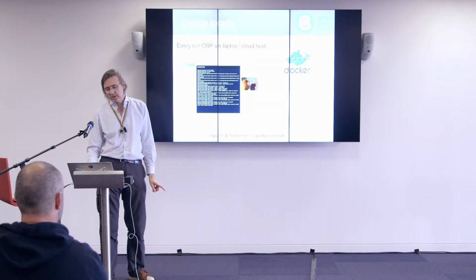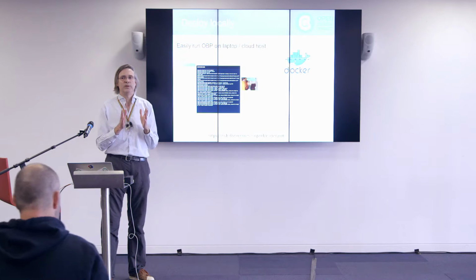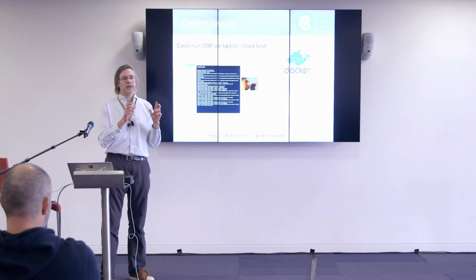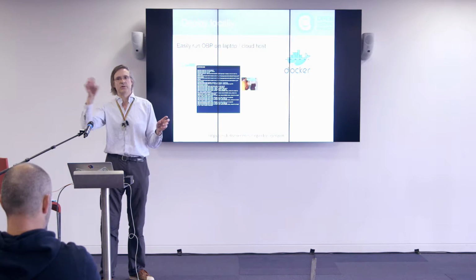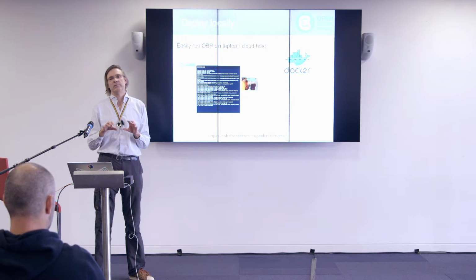So Docker. You can either run it OBP full, which is running the API plus API Explorer plus Sophie in sandbox mode, or there's one that's running Kafka message queue as well.